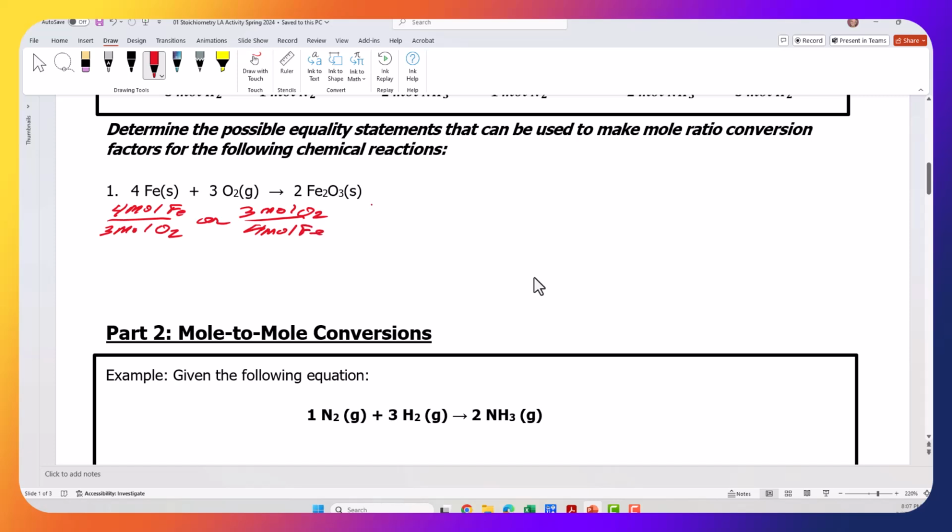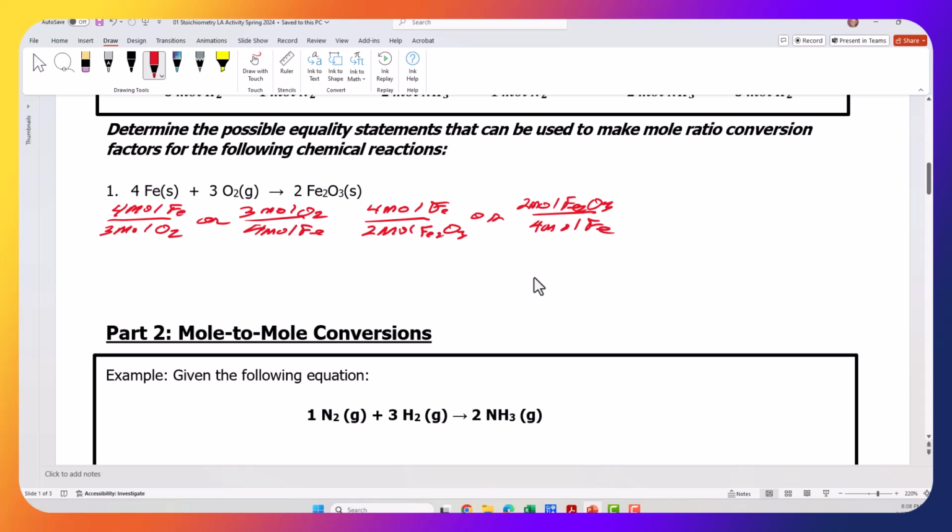We can do 4 moles of iron, Fe, over 2 moles of iron 3 oxide, which is just rust, Fe2O3, or just reverse it, 2 moles of Fe2O3 over 4 moles of iron.